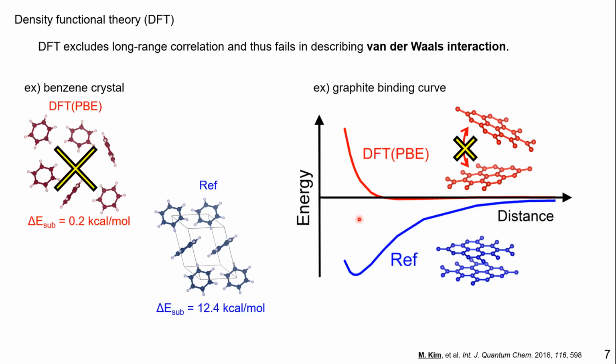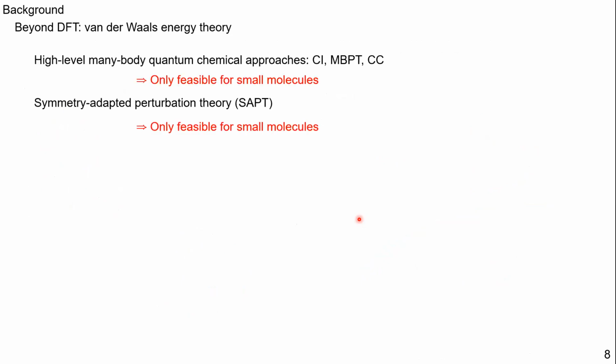Aside from molecular crystals, graphite also cannot be predicted as cohesive based on density functional theory, while the reference energy has the interlayer cohesion between the graphene layers. So we need to describe these systems accurately. We need to put the long range correlation in DFT.